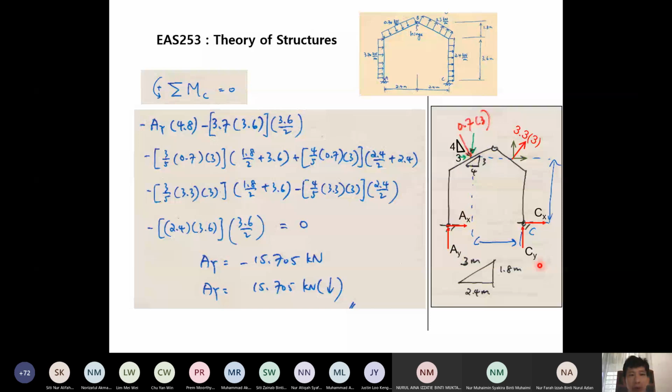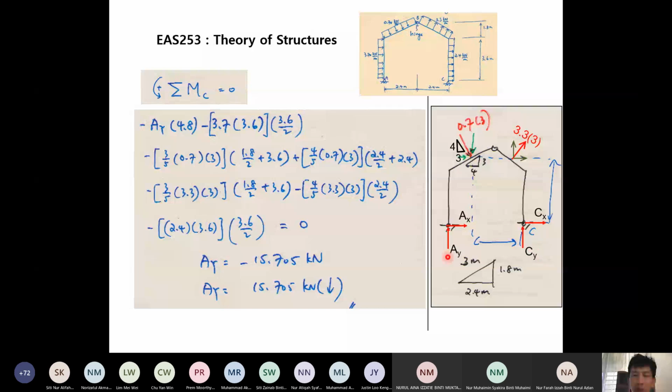So next, we will look at the first equilibrium equation. We take moment at C, considering the free body diagram of the whole frame. If you take moment at C, because A and C are at the same height level, you do not need to consider CX and CY, of course, and you do not need to consider the moment caused by AX for this particular case.